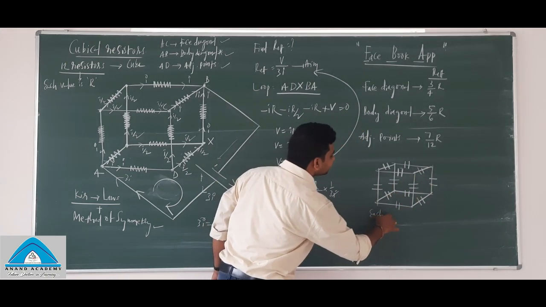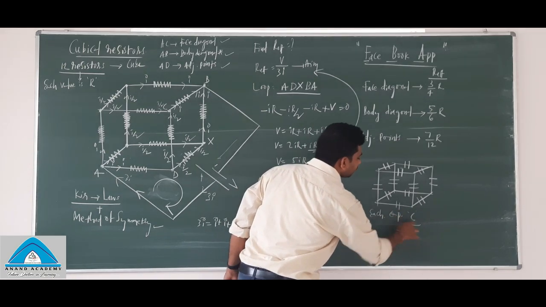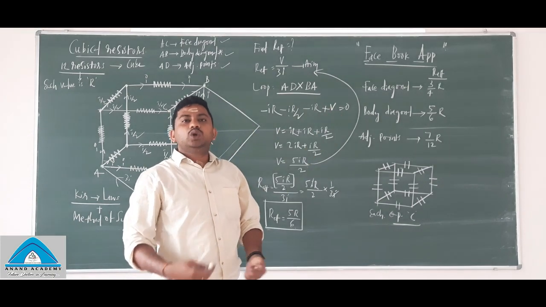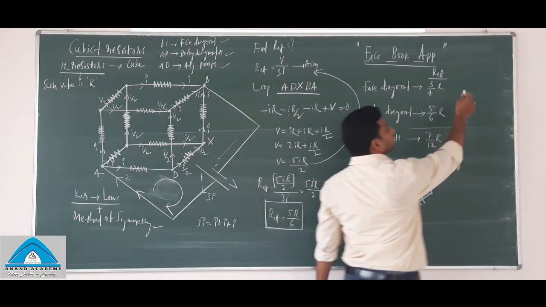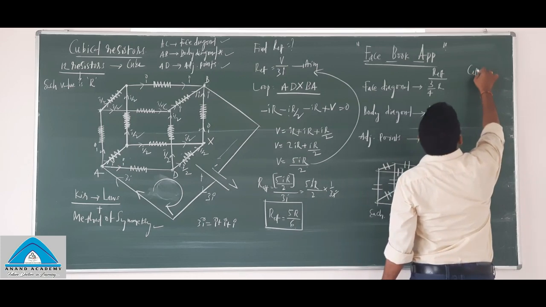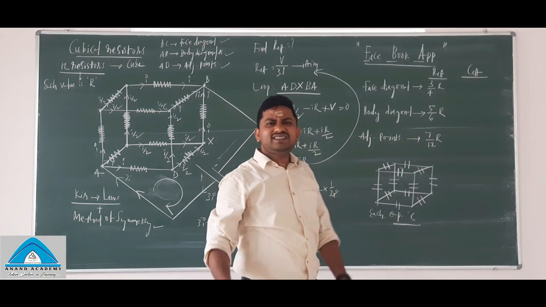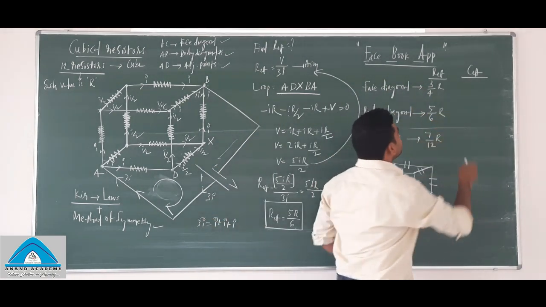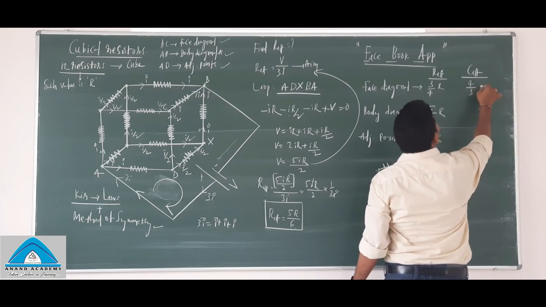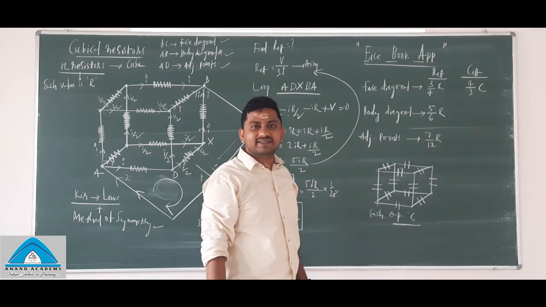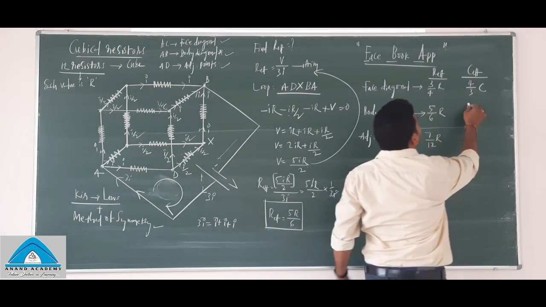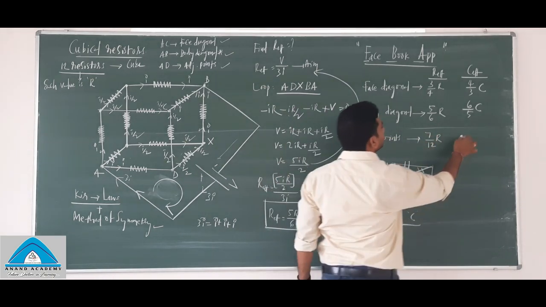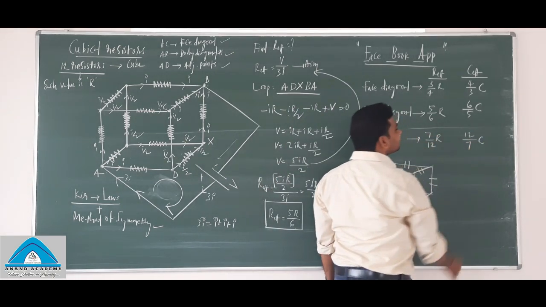Each capacitance is C. So in this case, how do we find the effective capacitance? What I am writing here is C effective. It is just the reciprocal of this. It's 3 by 4 R, right? So it will be 4 by 3 C, where C is the value of each capacitance. Here 5 by 6 R, so it will be 6 by 5 into C. And here 7 by 12 R, so it will be 12 by 7 C.